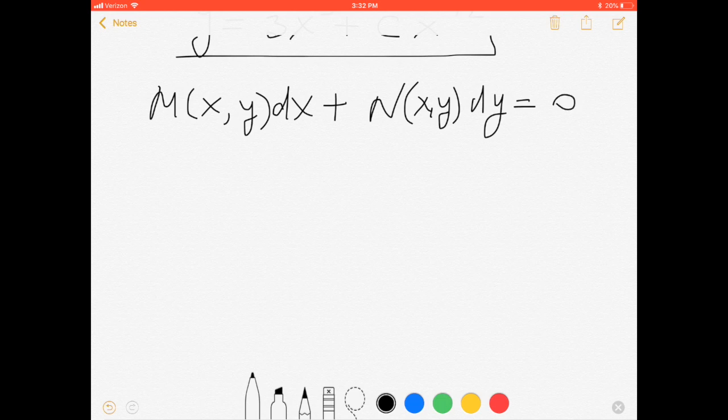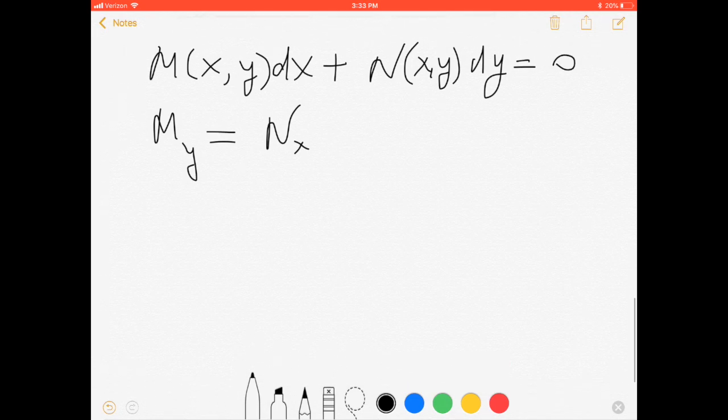Equation we call exact equation if you take the function M, derivative with respect to y, it will be the same as if you take the function N, derivative with respect to x. If this is equal, this means there exists a function whose first differential will be exactly your equation.